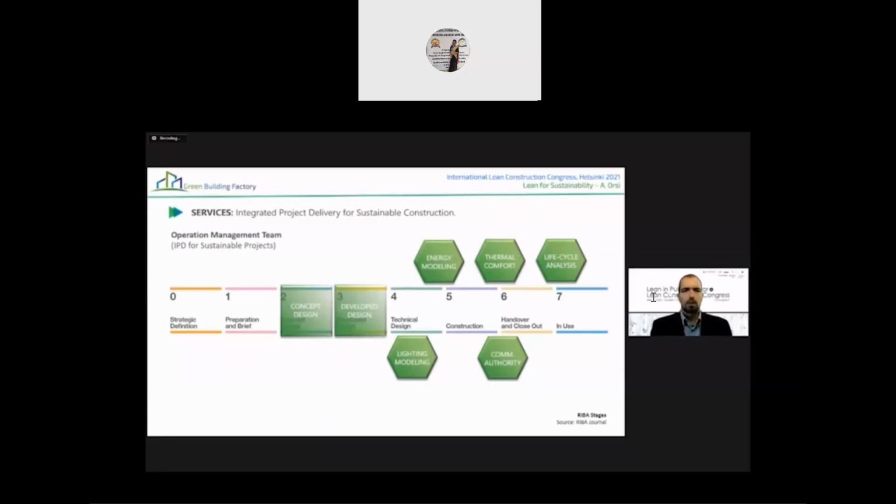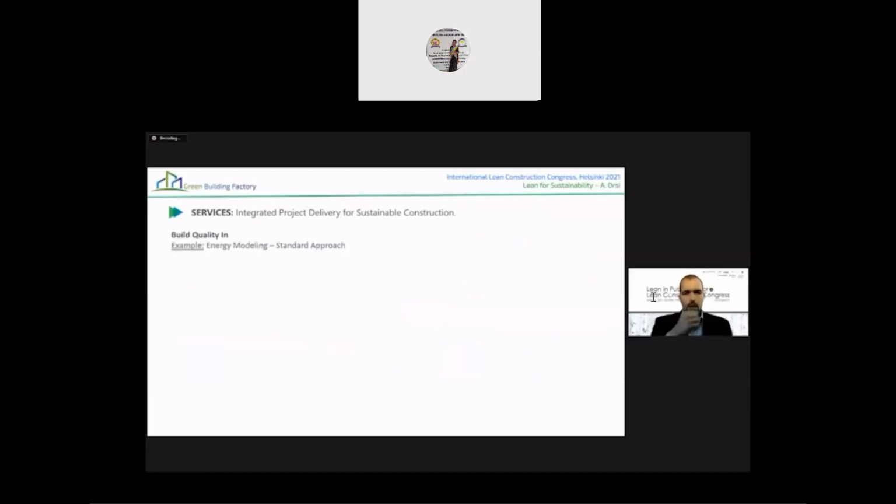Just an example: if the person who designs the HVAC is the same person who developed the energy modeling, he has all the knowledge and all the data as he's designing the project. He doesn't have to go back and look for all the details.